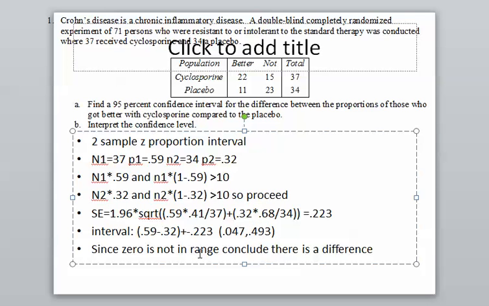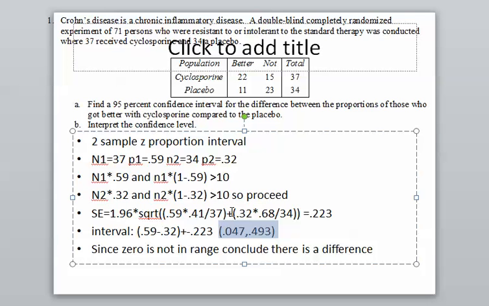So since there's no 0 in this range here, we would assume that there is a difference between the two. And so you would say my confidence interval doesn't contain 0, so it's safe to conclude that there is a difference between the cyclosporine and the placebo in this situation.